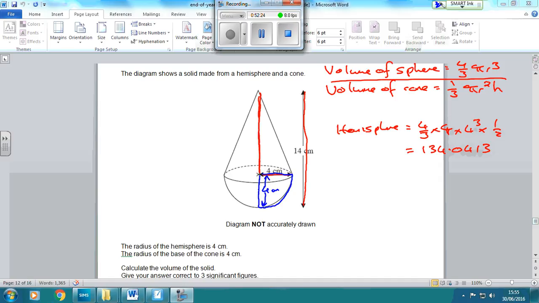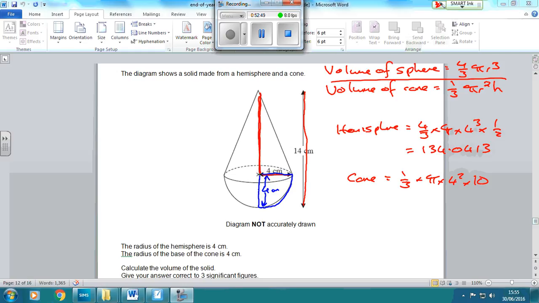So therefore the height here, the red height here, is going to be 14, take away this 4, leaving you with 10. So the cone equals 1/3 times pi times radius, which is 4 squared, times by the height, which is 10.